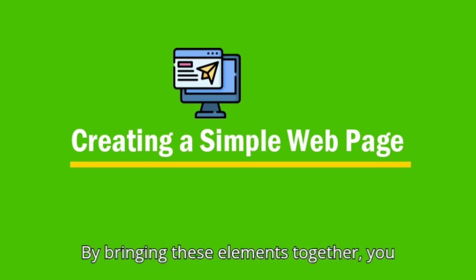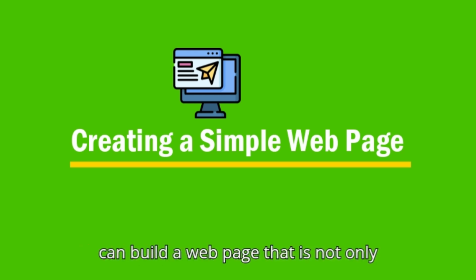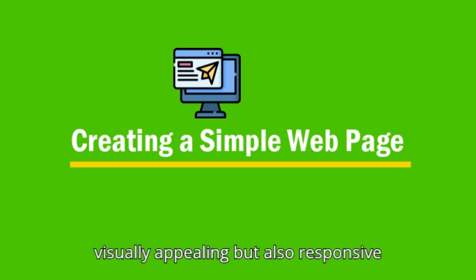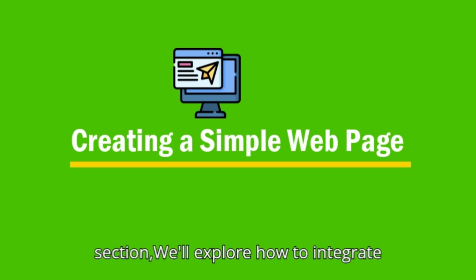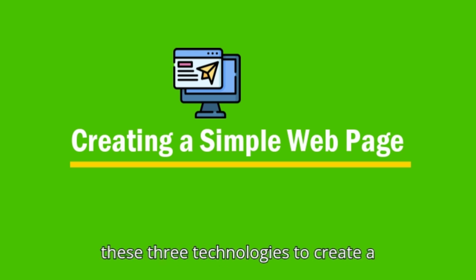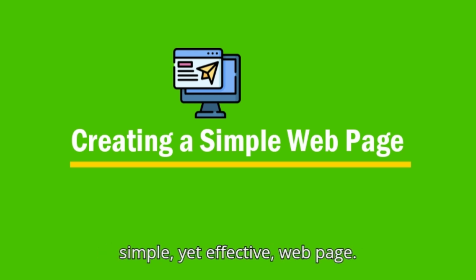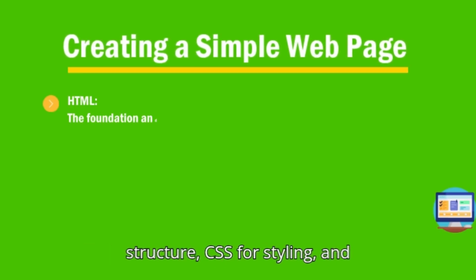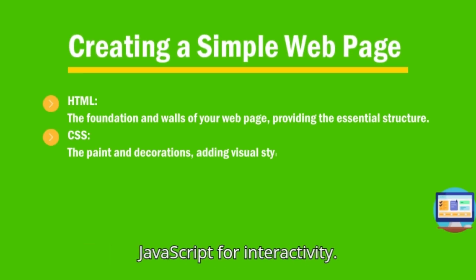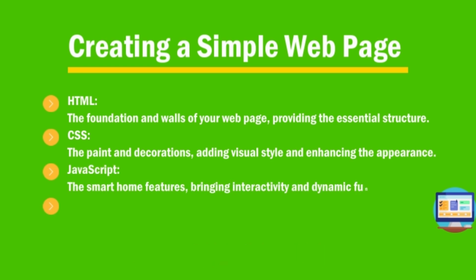By bringing these elements together, you can build a web page that is not only visually appealing but also responsive and engaging for users. In this section, we'll explore how to integrate these three technologies to create a simple, yet effective, web page. To build a web page, you'll use HTML for structure, CSS for styling, and JavaScript for interactivity.